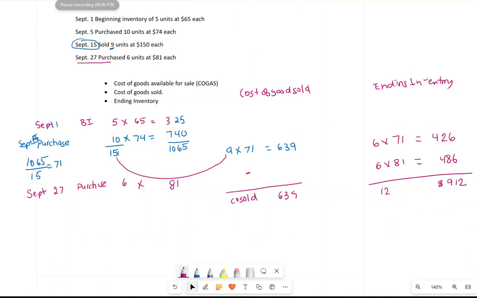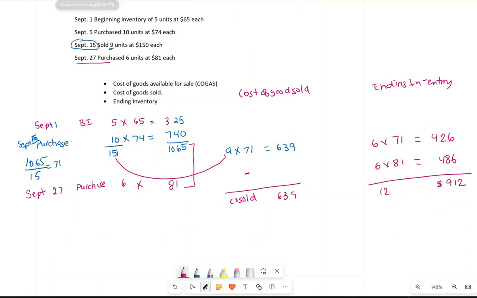If I add all these ones, that will give me cost of goods available for sale. So I have to use a calculator. 1065 plus 486 gives me 1551.